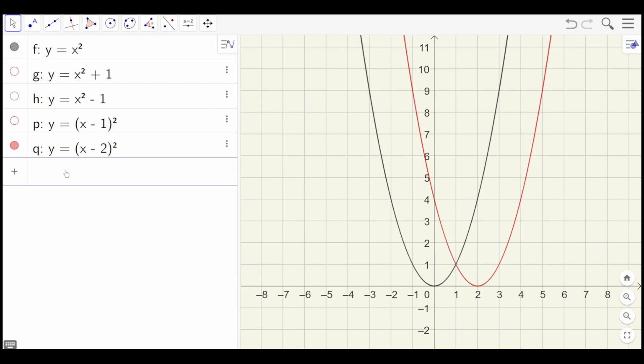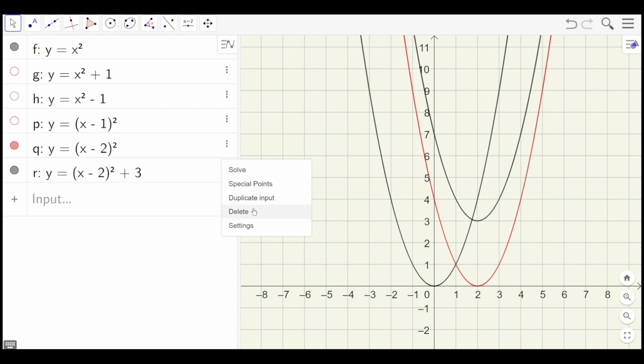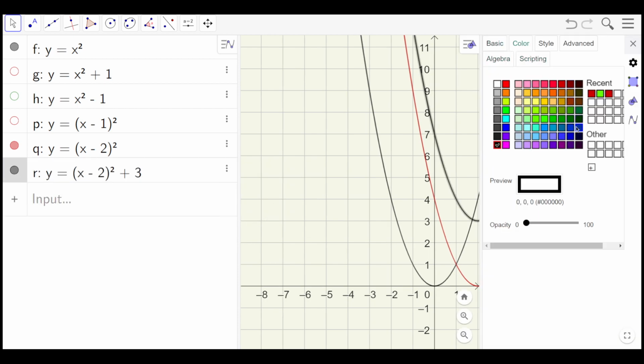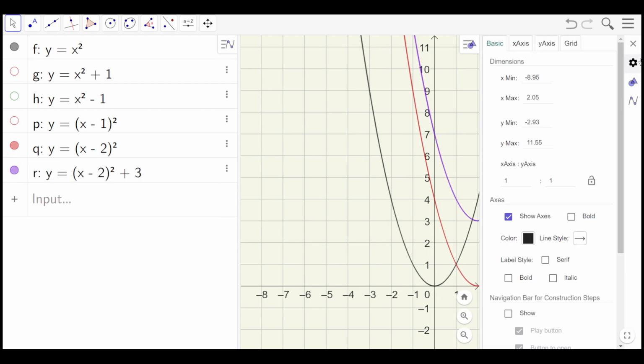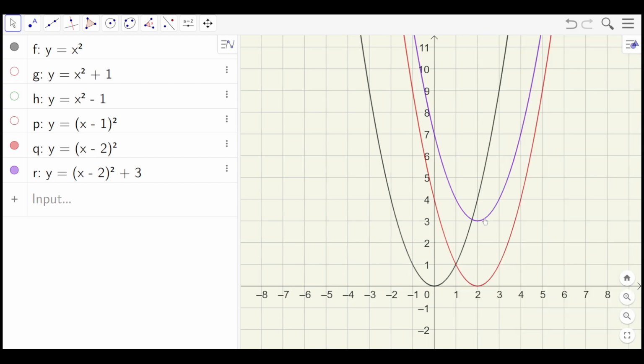And now I take this function and add 3 to it. So it becomes (x minus 2) squared, which is the old one, plus 3 units. Let me change the color here as well. What you see is the purple one. So here, I started from the black, shifted it 2 units to the right, and then shifted it 3 units upward.